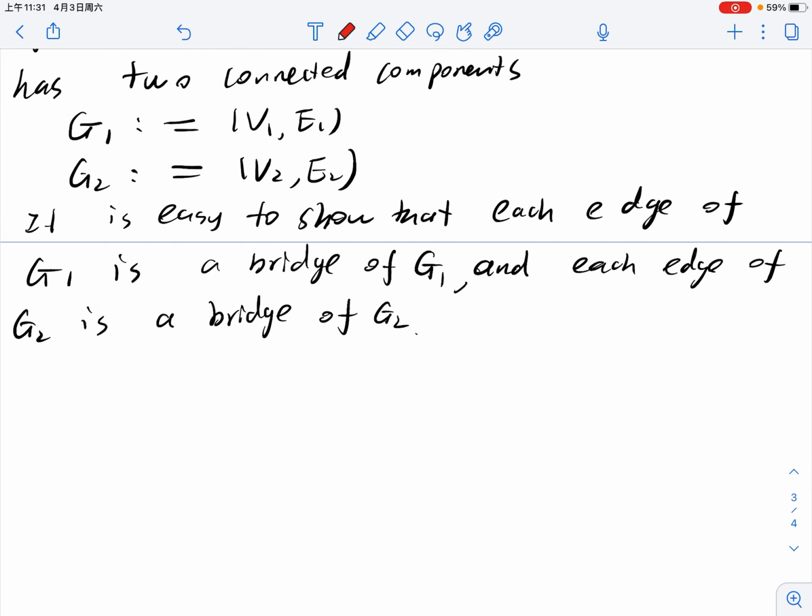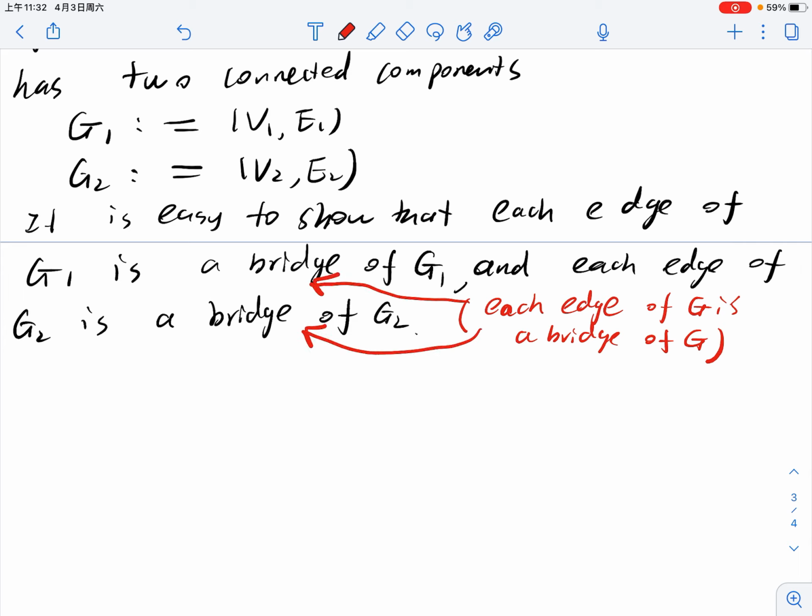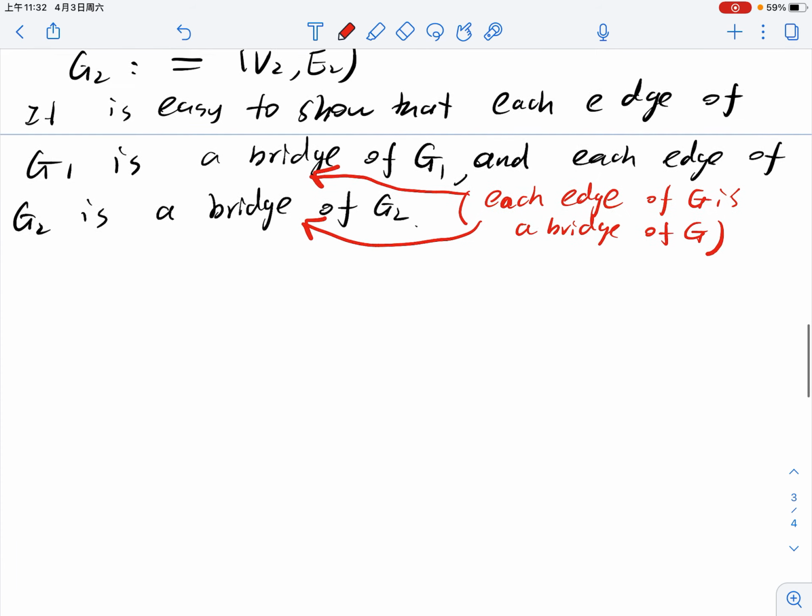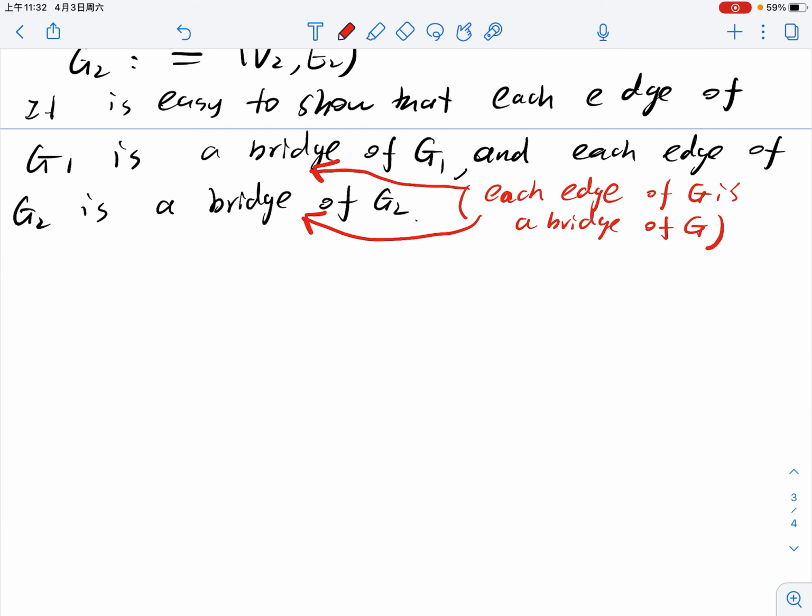Note that originally we only know that each edge of G is a bridge of G. So you need to apply this property to show that for these two subgraphs, you still have the bridge property. Otherwise, you cannot do the induction.